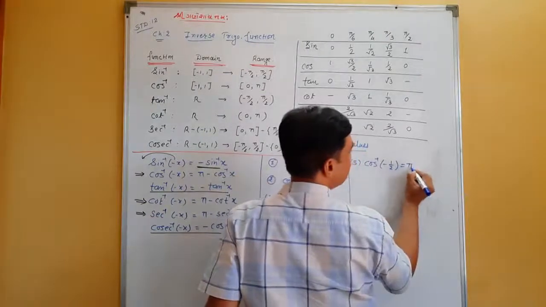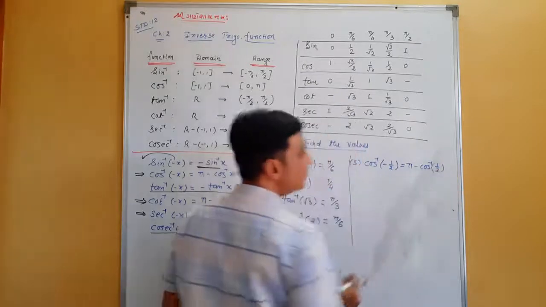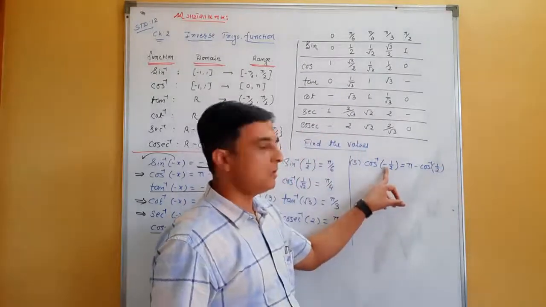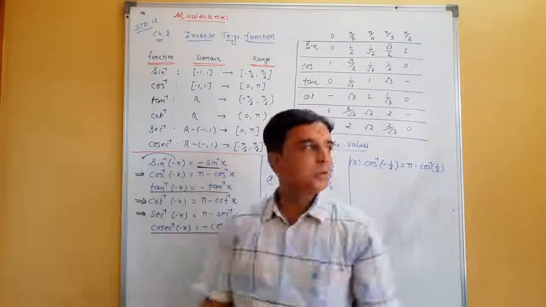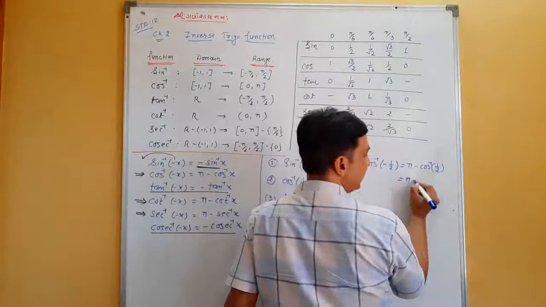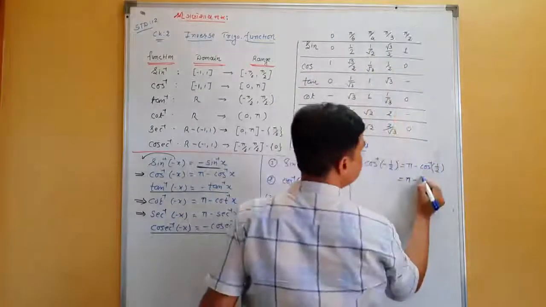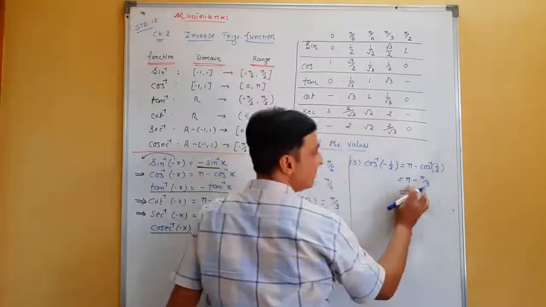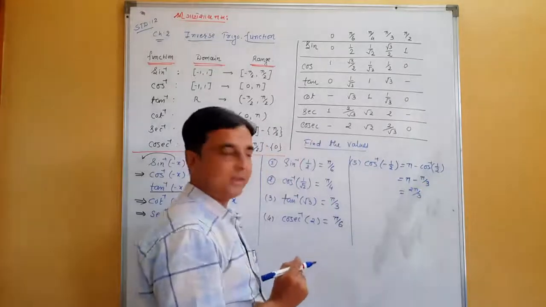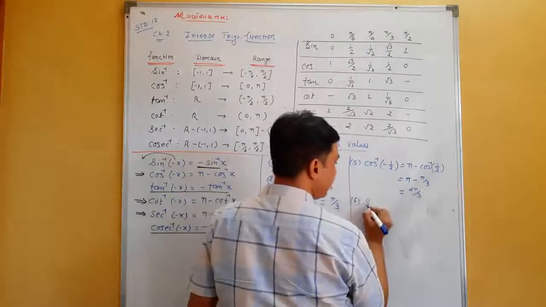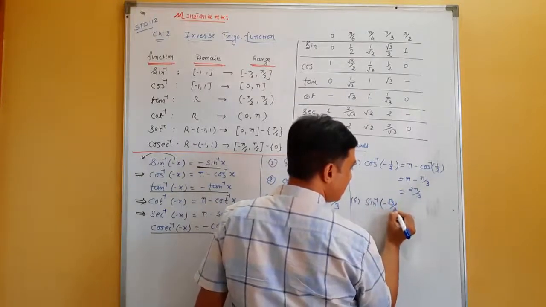So this is pi minus cos inverse 1 by 2. We have to remove that negative sign using this formula. Cos inverse 1 by 2 is pi by 3, and pi minus pi by 3 is 2 pi by 3. Sixth one, let it be sine inverse of minus root 3 by 2.